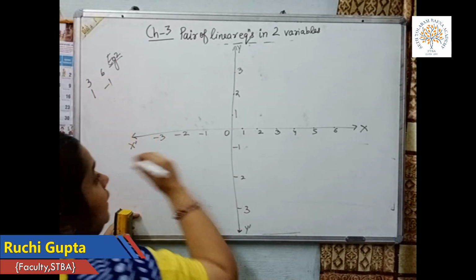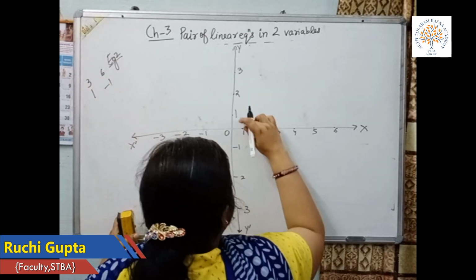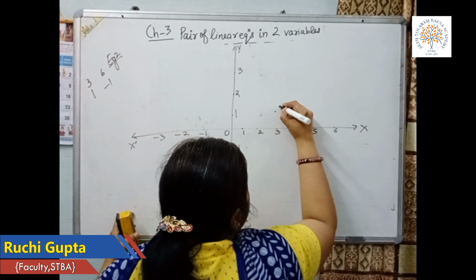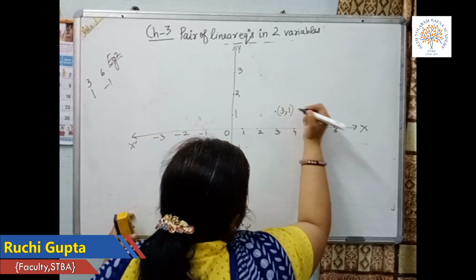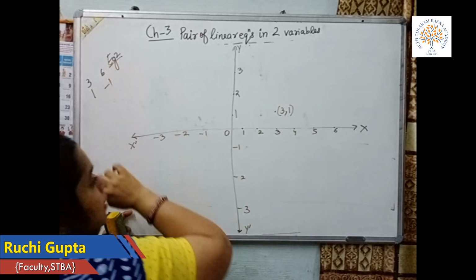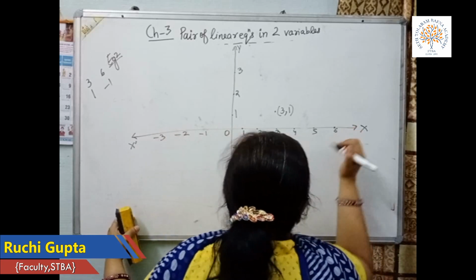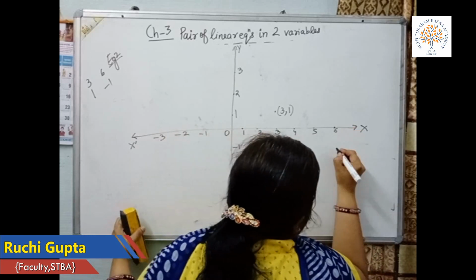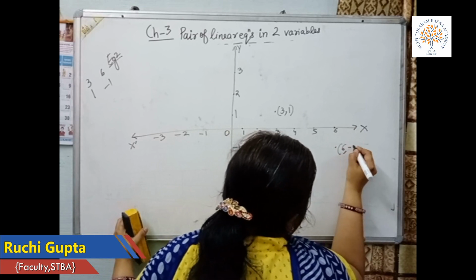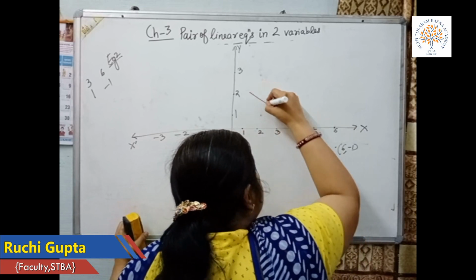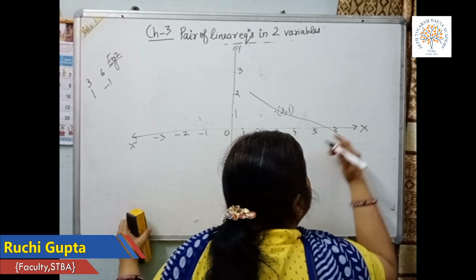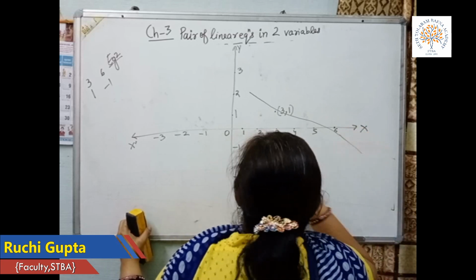So what is the point 3 comma 1? The x-coordinate is 3 and the y-coordinate is 1. So this point is 3 comma 1 and the second point is 6 comma minus 1. The x-coordinate is 6 and the y-coordinate is minus 1. So this is the graph. Okay.